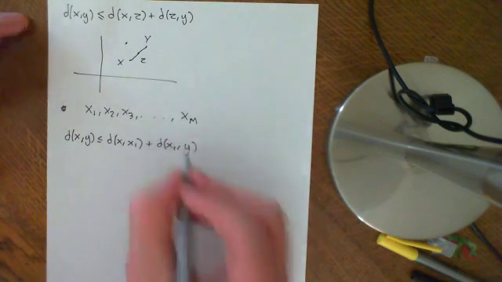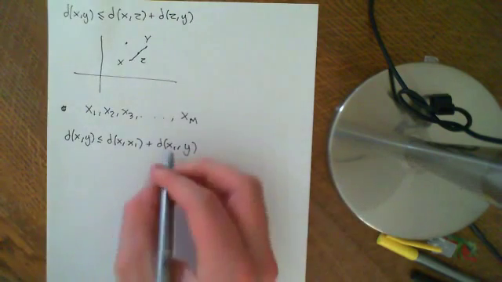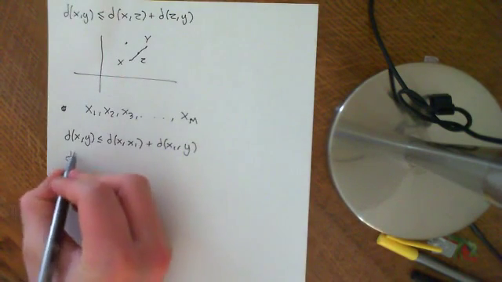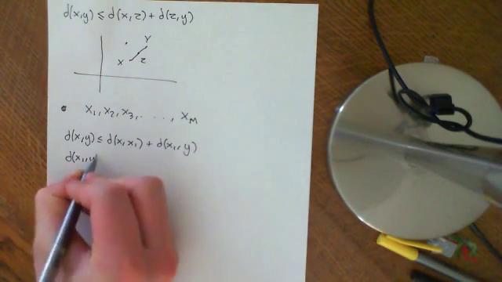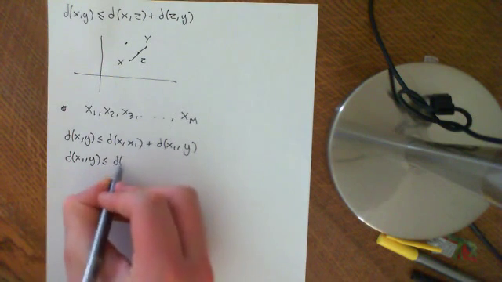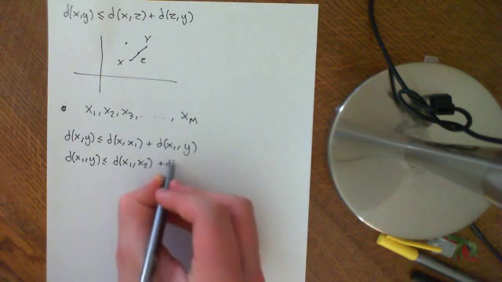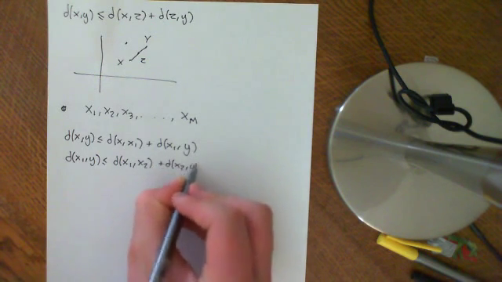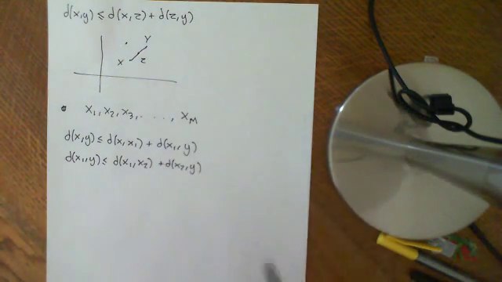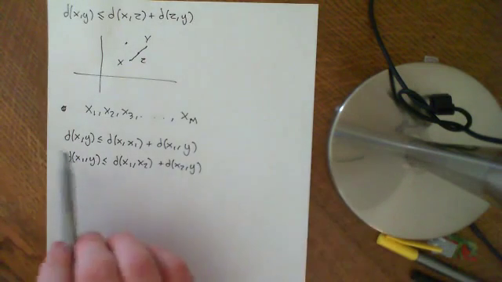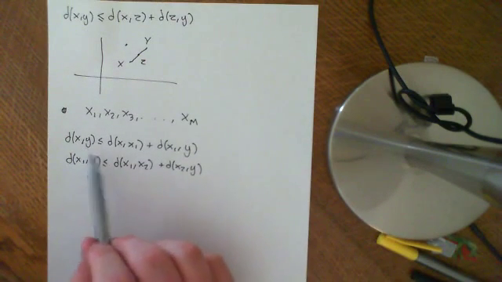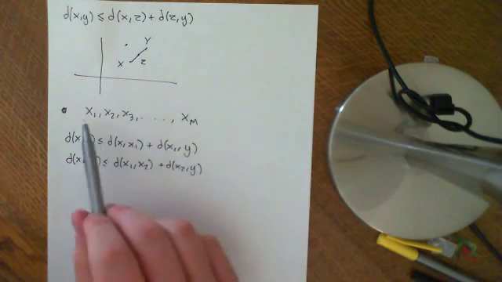So we just apply the triangle inequality once. Then we could apply the triangle inequality to the distance between x1 and y and say that this is less than or equal to the distance between x1 and x2 plus the distance between x2 and y. So basically we started off by using the triangle inequality on d(x,y) and we got this with the first point x1.